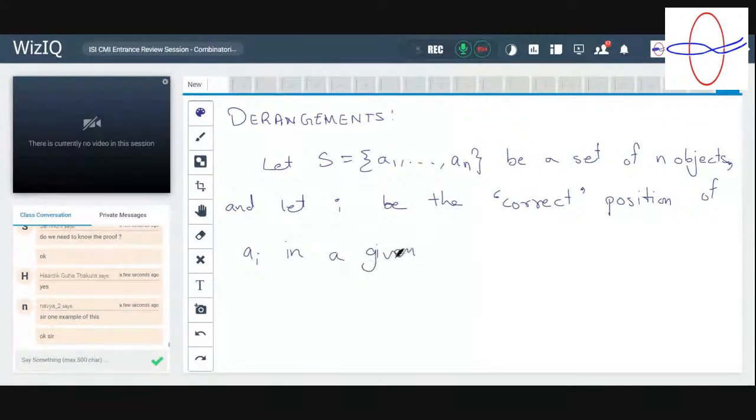So you can think of my A1 to AN as being letters and the I representing the corresponding correct envelope, right? In a given permutation.